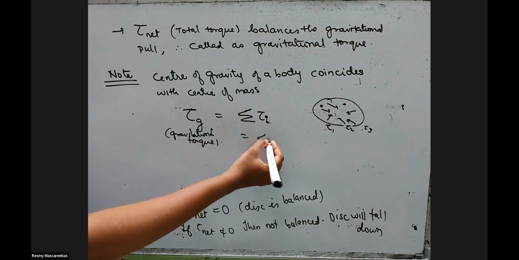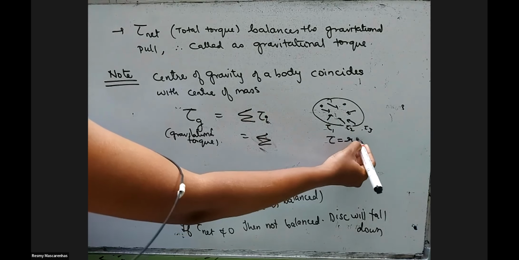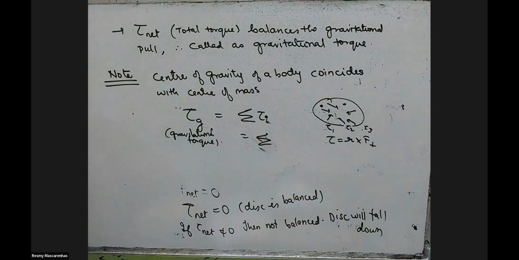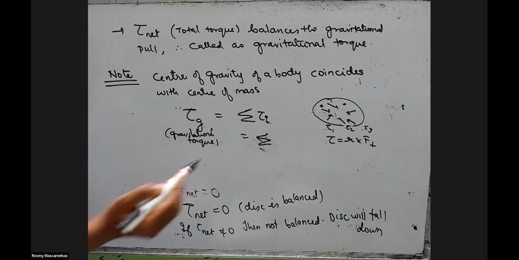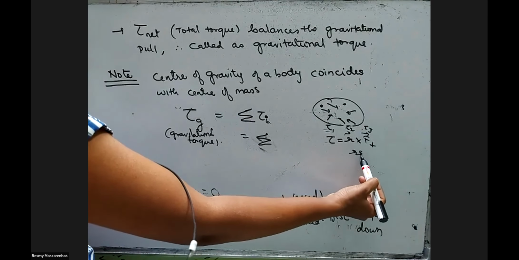So you know that torque is nothing but, what is the formula for torque? R into perpendicular force, r F sine theta, we have seen that in the previous class. Torque is the radius into the perpendicular force in terms of vector. When you remove the vector, it is always r F sine theta.